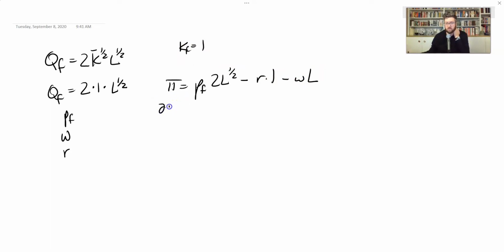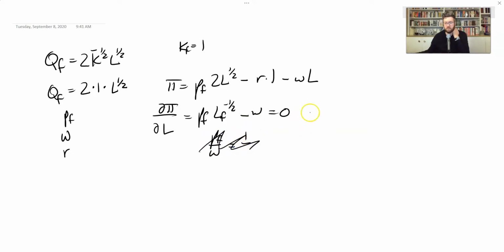Since this is a short-run profit function, we take the derivative with respect to L, and we get P_F, we have a 2, multiply that by the 1/2 exponent, we end up with L_F to the negative 1/2. No L's here, so that has a derivative of 0, minus W is equal to 0. Then we can rearrange this. Let's just do it carefully.